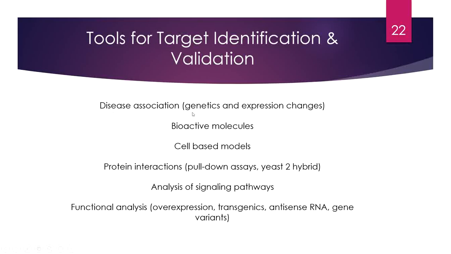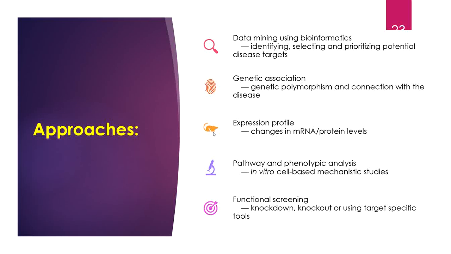Of course, you can do the disease association. You can design bioactive molecules. There are cell-based methods to do so. For example, as I've talked about, the first thing that you can do is obviously the bioinformatics. You have to perform the bioinformatics to identify and select the particular target, and then you have to see whether that target's expression changes according to the nature of the disease.